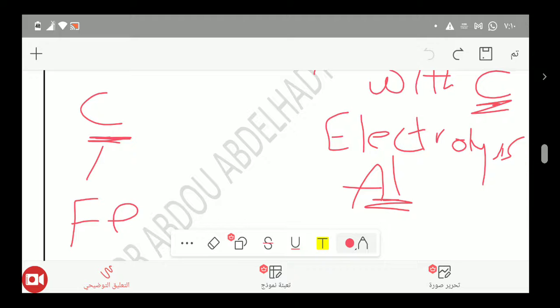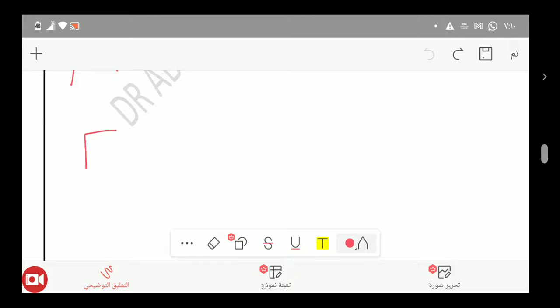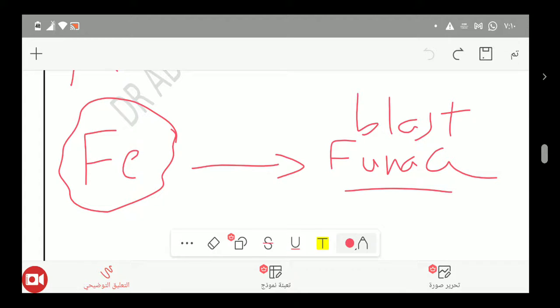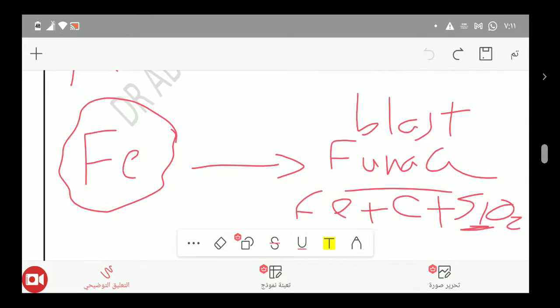So you have to remember that during the extraction of iron, we will obtain at the end, in the blast furnace, iron as a liquid contaminated with carbon and also with silica, or silicon dioxide, SiO2, sand.